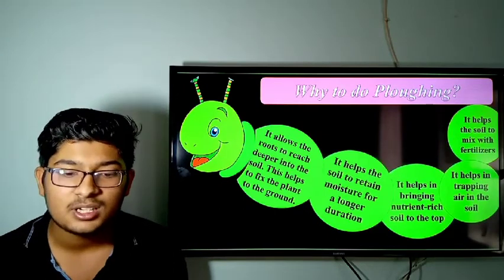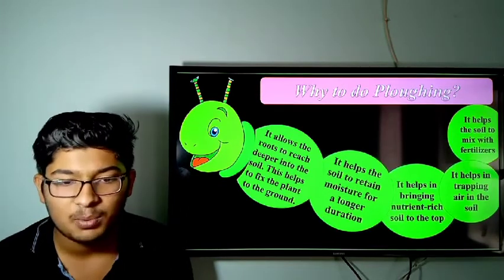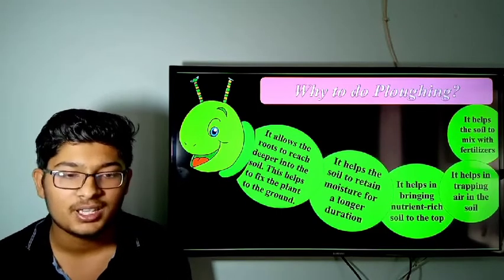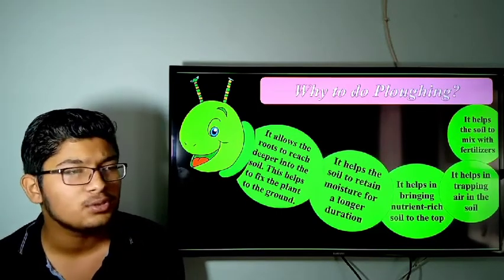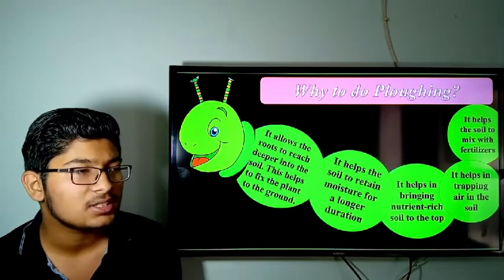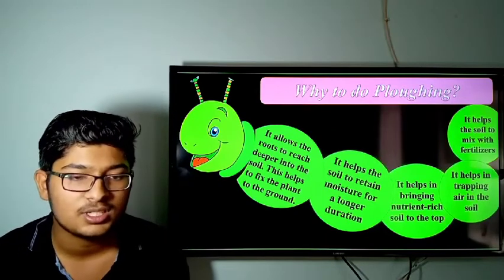It helps in trapping air in the soil. It helps the soil to mix with the fertilizers. Whatever fertilizers we use can get mixed completely with the soil. So we do all this through plowing.